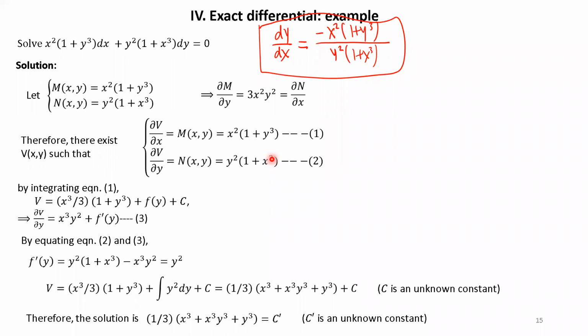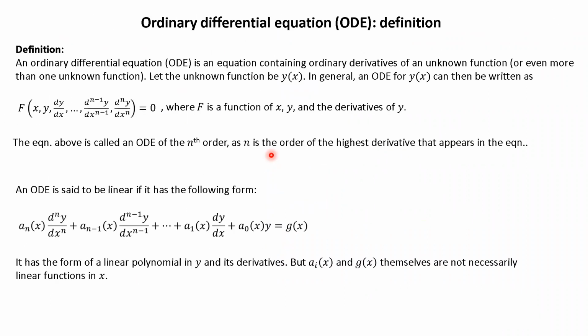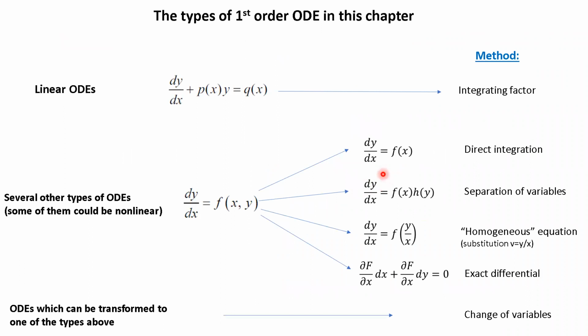So now we have done all these four methods. I would say they are not actually too difficult to memorize, because separation of variable is just putting one variable to one side and the other variable to the other side.